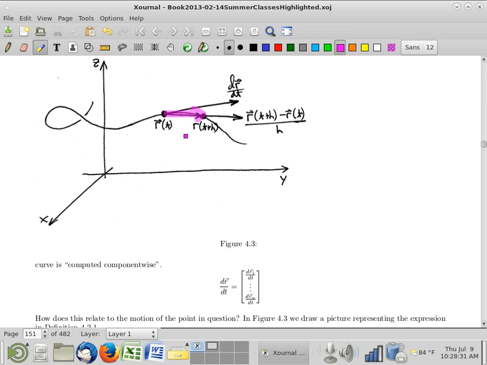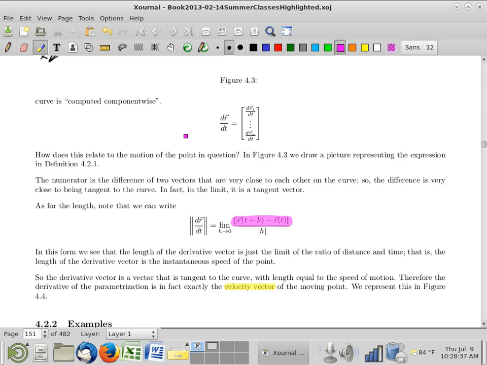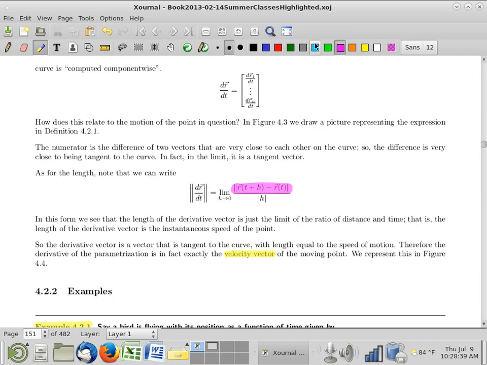So the magnitude is just the distance traveled along the parametric curve. h, of course, is just time. h is the amount of elapsed time between the starting point t and the ending point t plus h. So what we've got there is a limit of distance divided by time, and that should be an old familiar physics concept. Distance divided by time is speed.